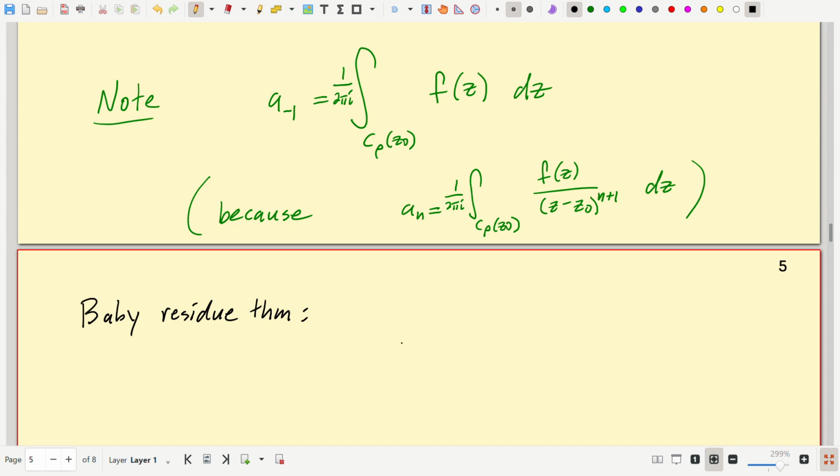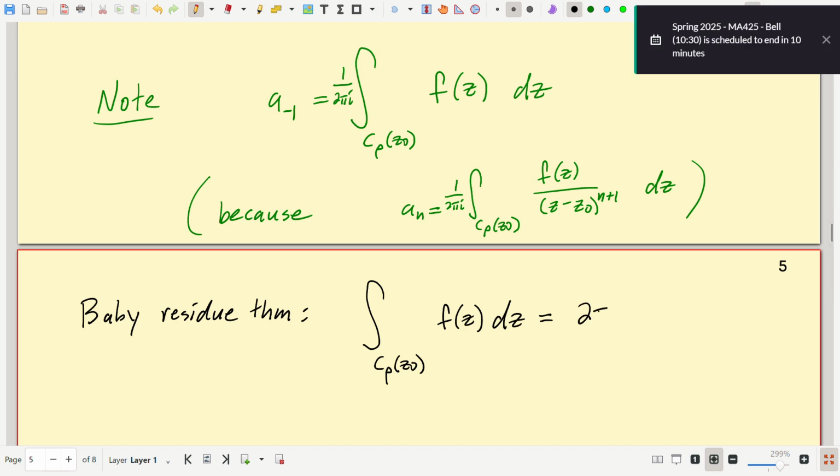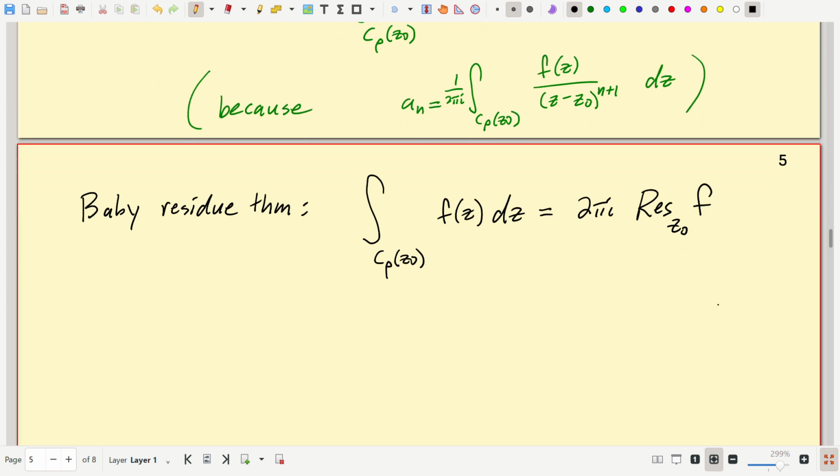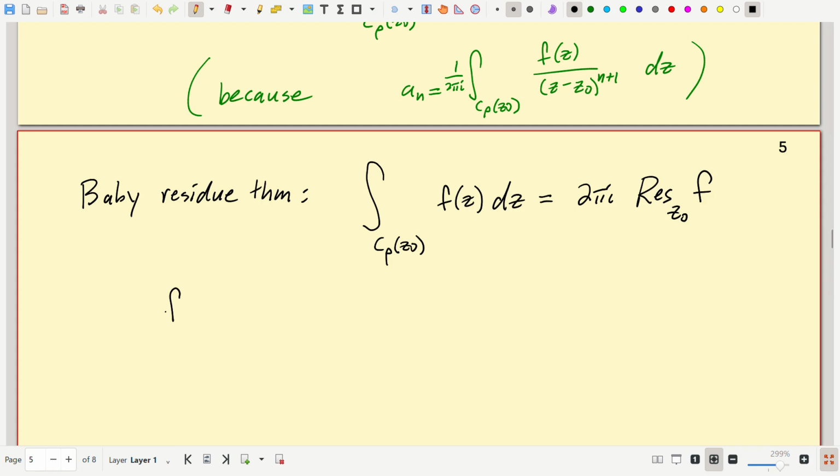It says that if I want to calculate the integral around my singular point of f of z dz, then I get 2 pi i times the residue at z naught of f, for small circles C rho about z naught, counterclockwise about the singular point.